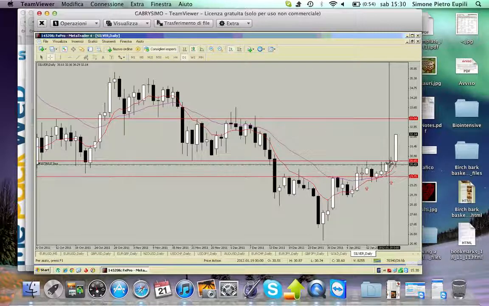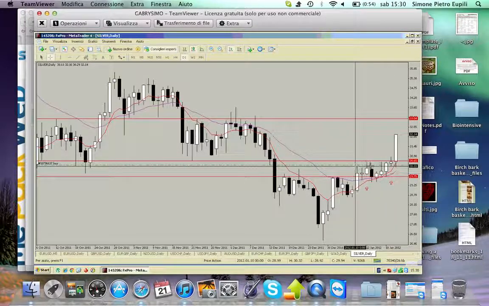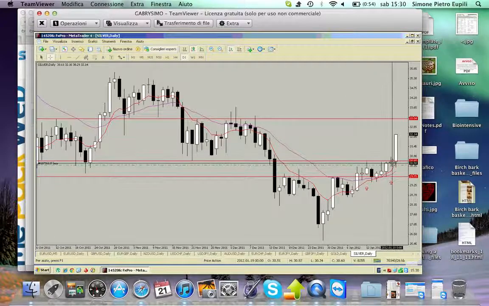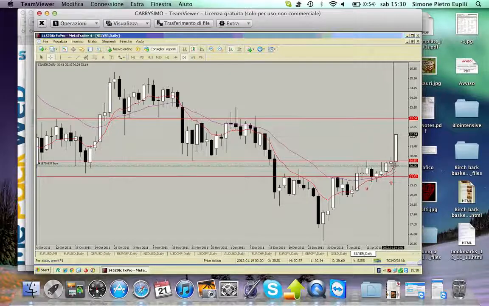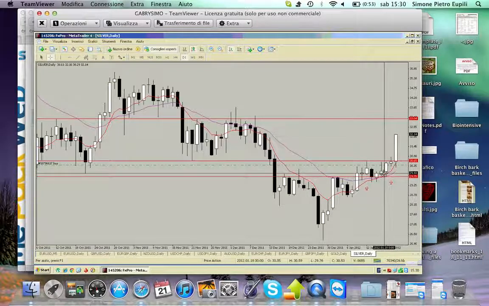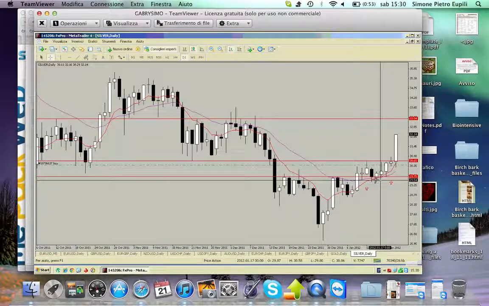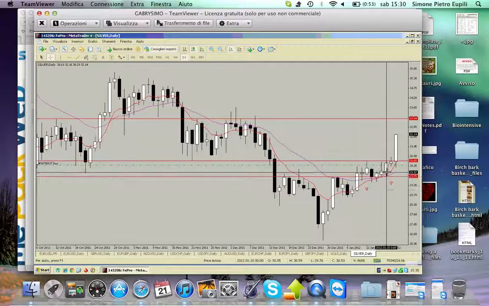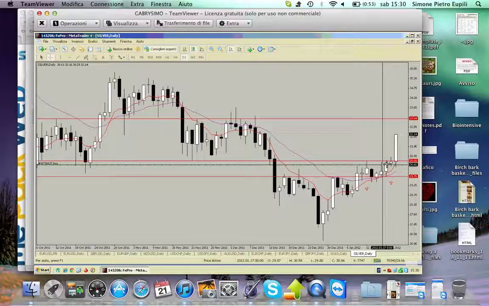After 1 week waiting for the price to go to my target, I was almost going to cancel the trade, but then I decided it was not the good thing to do, because as you can see, the moving average was now crossed. We had an inside bar here with the mother candle.